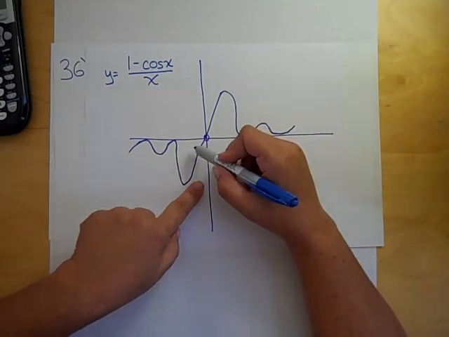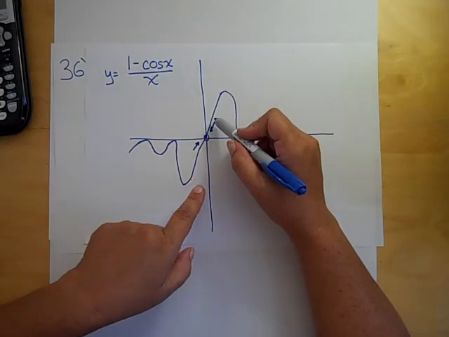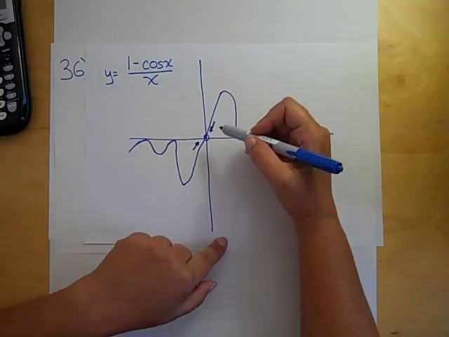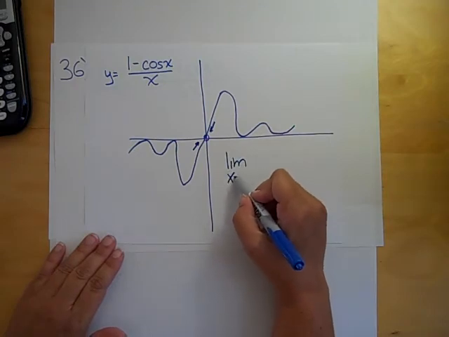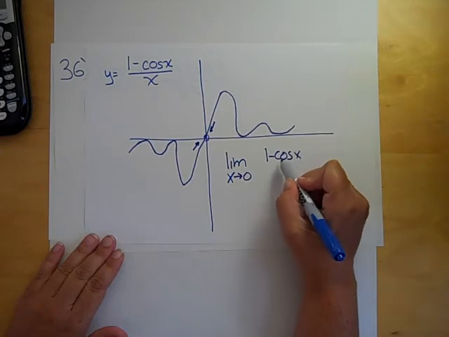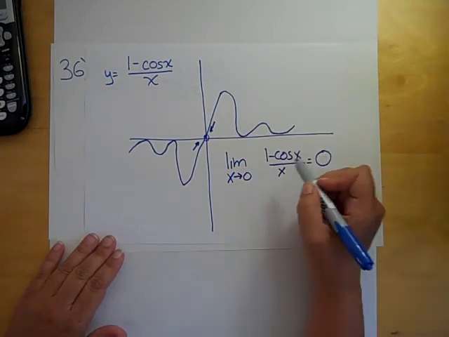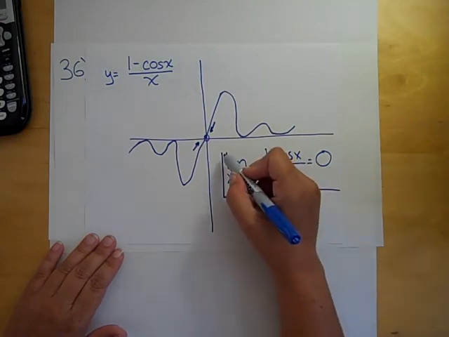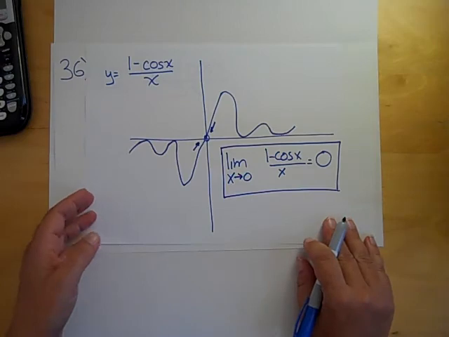So we have a hole in this graph also. It's also kind of a long proof, but you can see by looking at the graph that this limit is 0. So that's another one to memorize. The limit as x approaches 0 of 1 minus cosine x over x equals 0. So that's another thing to memorize, because it's not one you can really figure out on your own in a test situation.